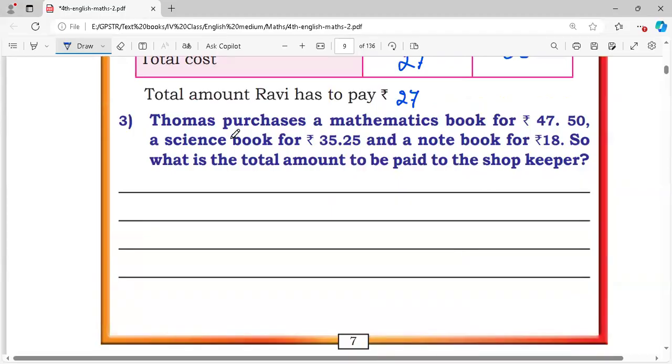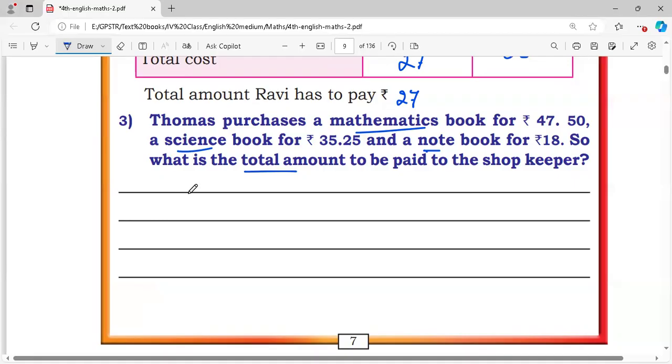Third one. Thomas purchases a mathematics book for 47 rupees 50 paise, a science book for 35 rupees 25 paise, and a notebook for 18 rupees. So, what is the total amount to be paid to the shopkeeper?